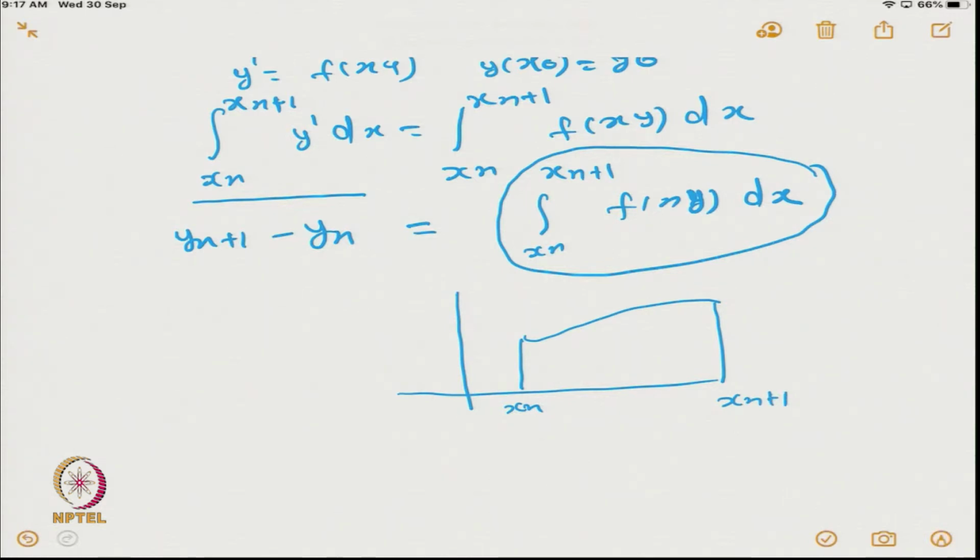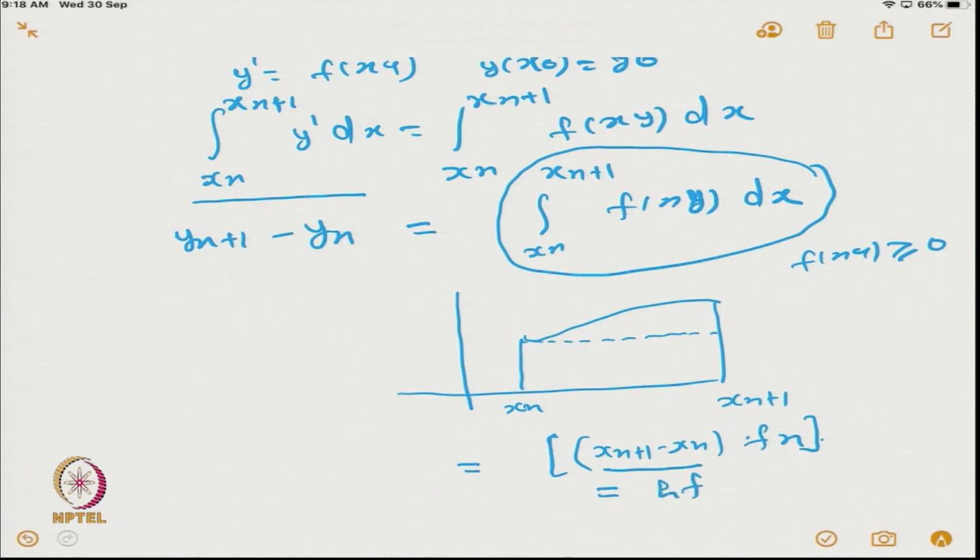So, just for simplicity I am considering, let us say this is positive. So, if I choose the sample point at the left hand like this, then the approximation of this integration will be xn plus 1 minus xn times fn, which is basically h fn.